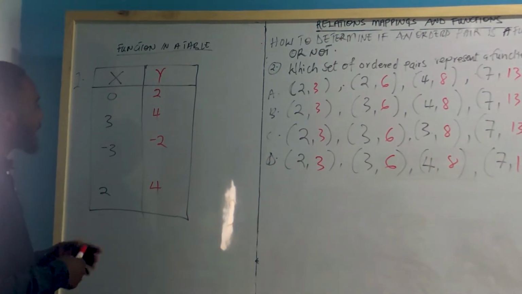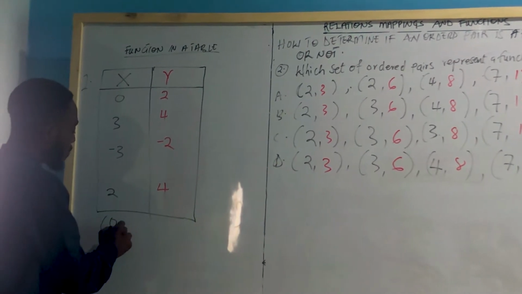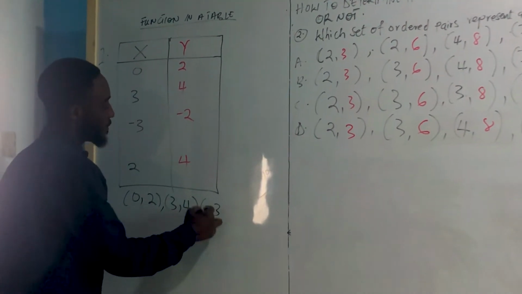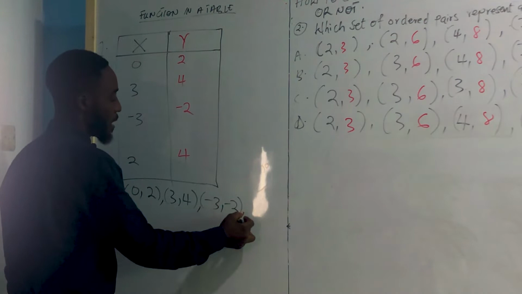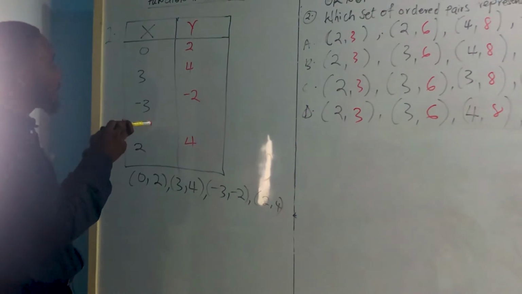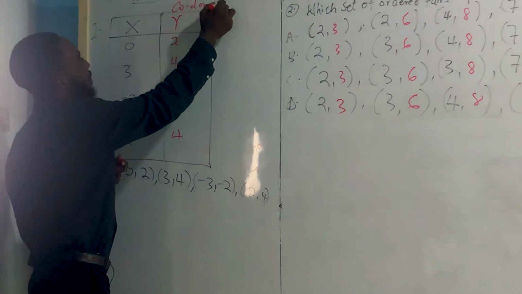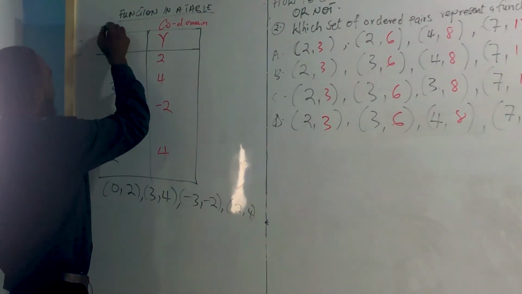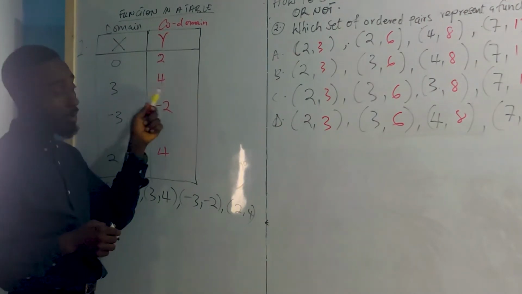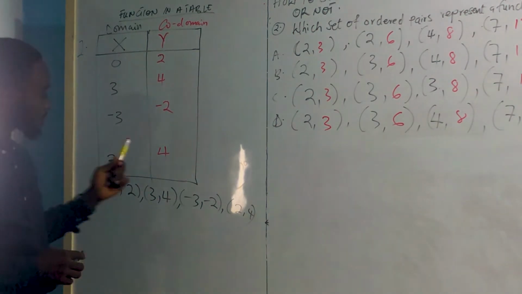If we write it as ordered pairs, we would have (0, 2), (3, 4), (-3, -2), and (2, 4). So every member of the domain is mapping to exactly one member in the codomain, or each x value has only one y value.